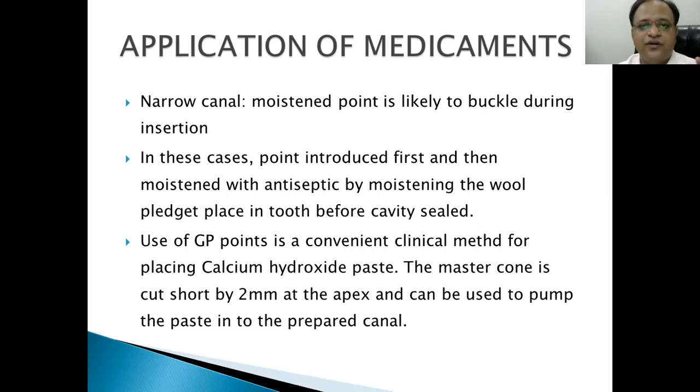Use your GP point as a plunger or a piston. Take your intracanal medicament and just pump it inside the canal. I'm sure you will get good results. It will completely coat and fill the canal, and if your skill is at a good level, you might not push the calcium hydroxide or any other medicament beyond the apex. So please do it safely.